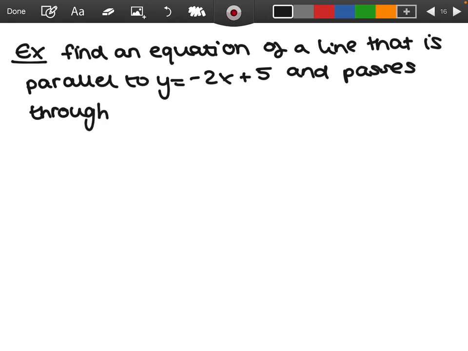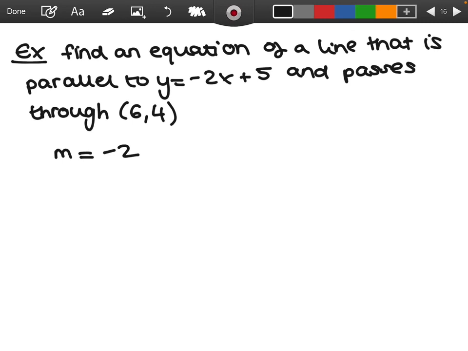So we've found the line that is perpendicular to it that passes through that point. Now I want to find the line that is parallel to it that passes through that point. Well, my slope this time has to be the exact same slope as my original equation in order to be parallel to it. So I know m is negative 2.